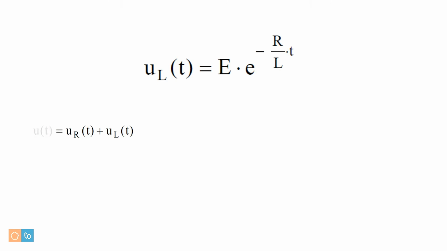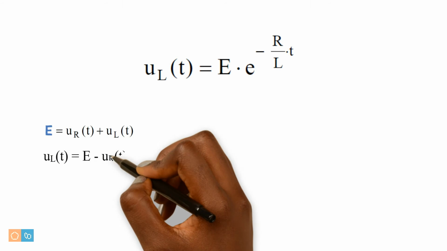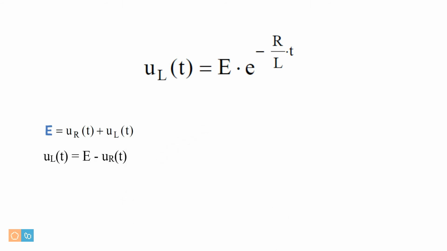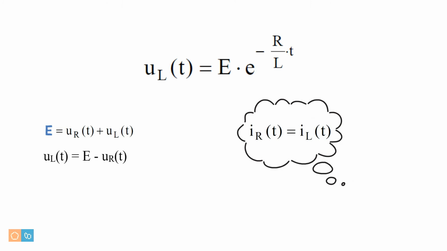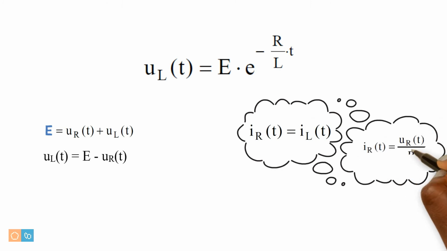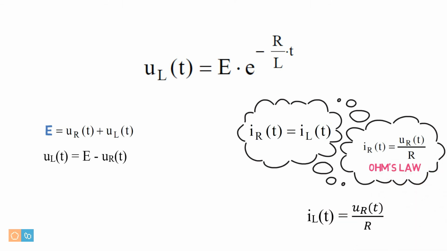Since U equals E for t equal or greater than 0, we can rewrite the expression in the following way: UL equals E minus UR. Knowing that the current through the resistor and the current through the inductor are the same, and remembering, of course, Ohm's law, we have IL equals UR divided by R, which can be rewritten like this.